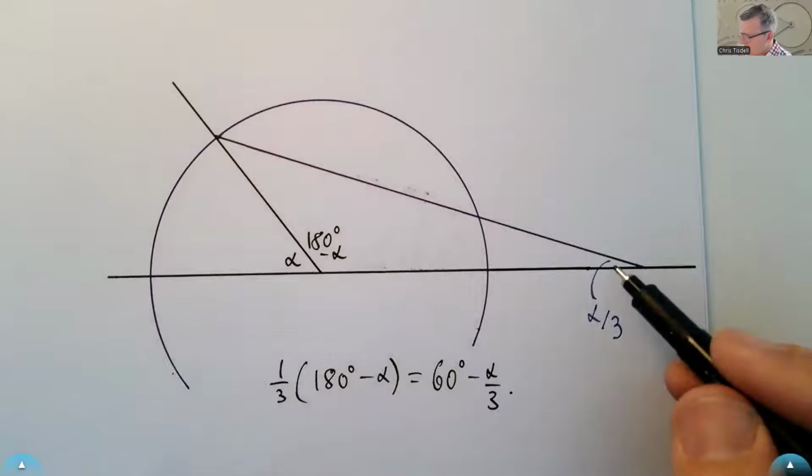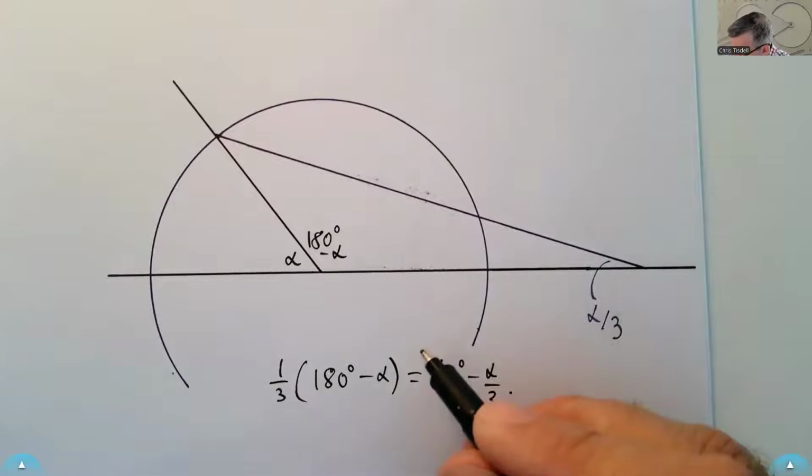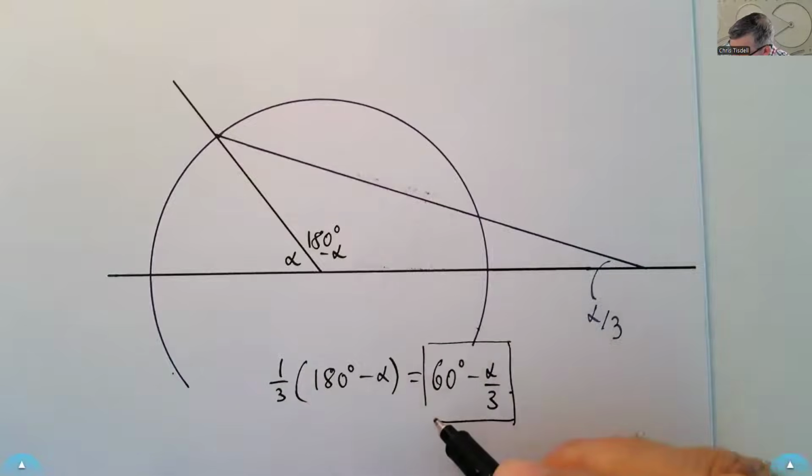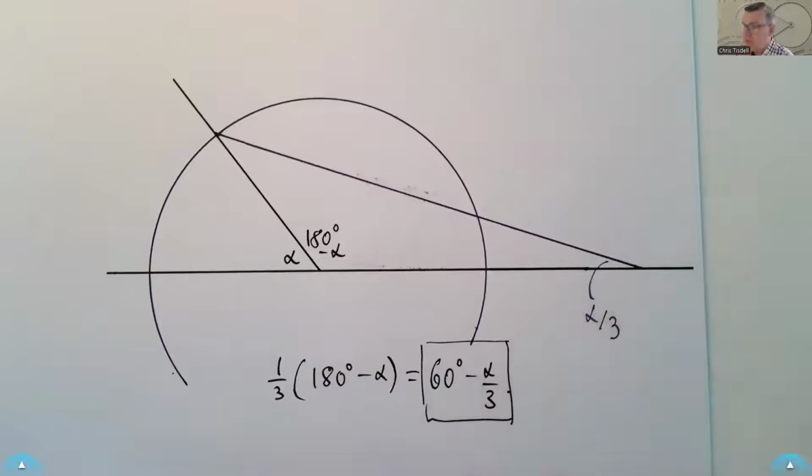Now this angle here is alpha on 3. So what we want is an angle of 60 degrees, and we would take away the alpha on 3. So do we know any triangles that have angles of 60 degrees? Yes, we do. The equilateral triangle. In an equilateral triangle, all the angles are equal to 60.